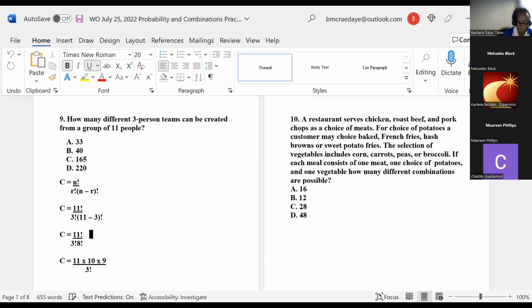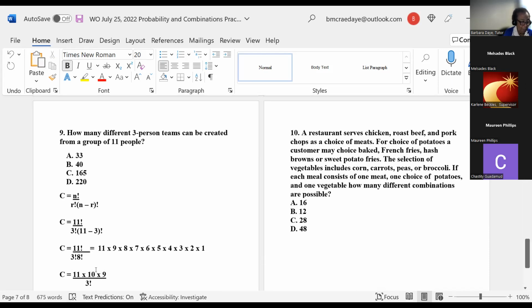Okay, let me just put this here. Cancel out the 8. 11 times 9 times 8 times 7 times 6 times 5 times 4 times 3 times 2 times 1, right? But at the bottom, I have an 8 factorial, but I'm repeating the same thing, correct? That's why we can cancel them out.